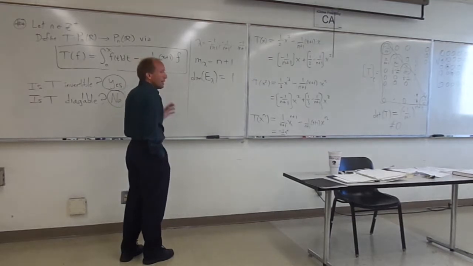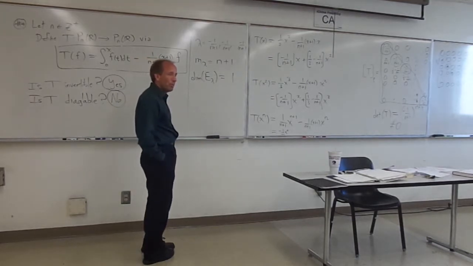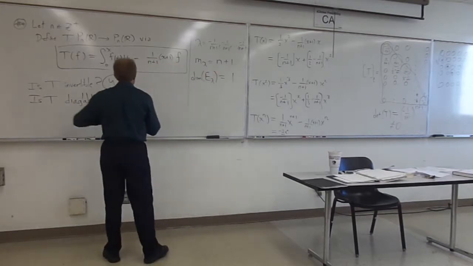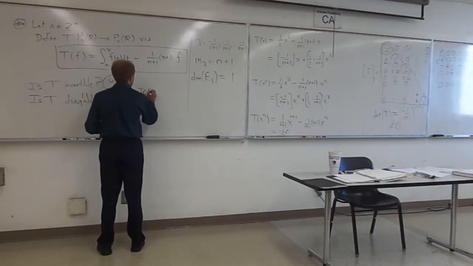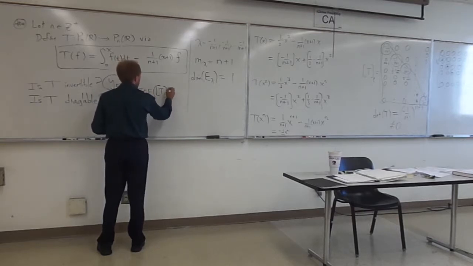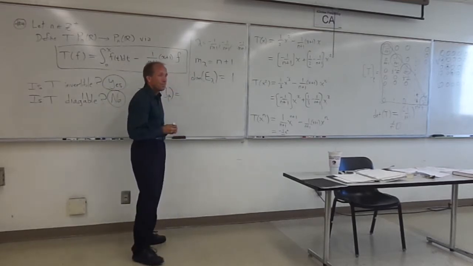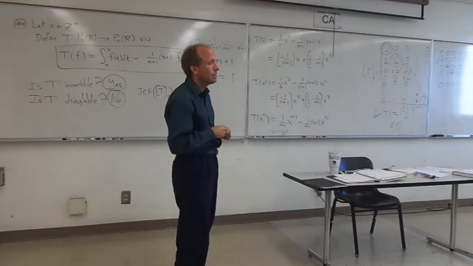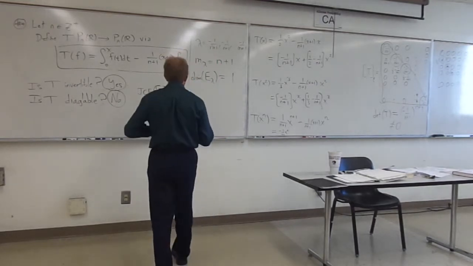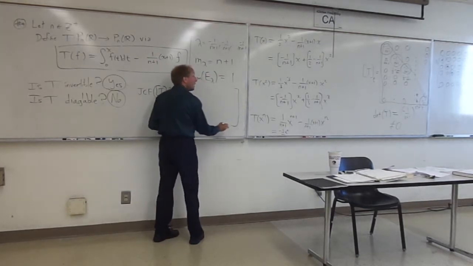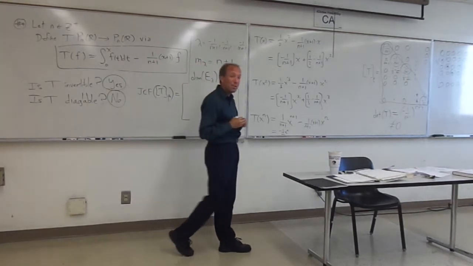So let me just ask you this. Would we be able to write down the Jordan canonical form of this matrix? This is just a follow-up. It would also be an n plus 1 by n plus 1 matrix.